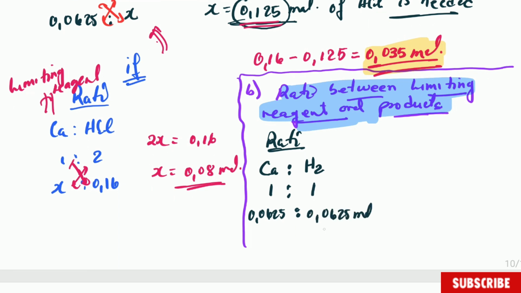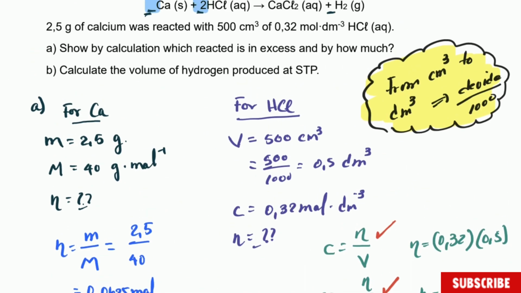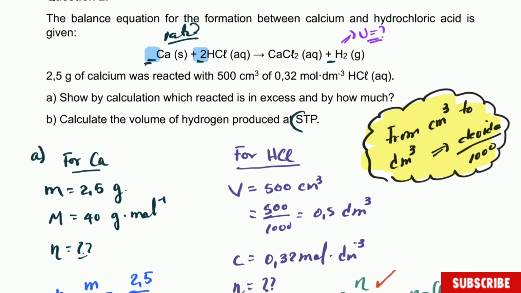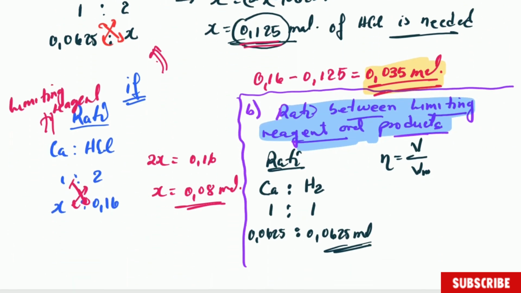Therefore, the number of mole for hydrogen is going to be 0.0625 mole. We're looking for volume. What formula can help us to do that? Number of mole is equal to volume divided by molar volume. They say it is at STP, therefore the molar volume is 22.4.